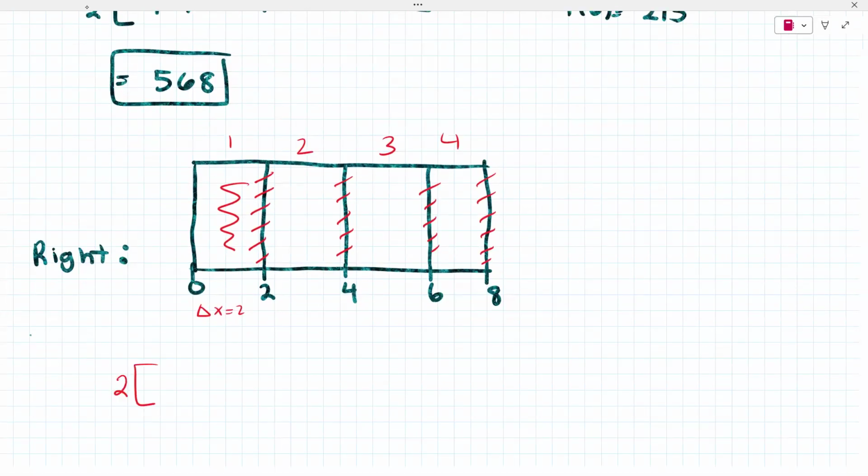And then if we're doing the right side, we got to find f of 2 plus f of 4 plus f of 6 plus f of 8.